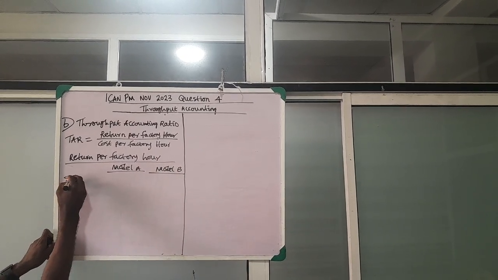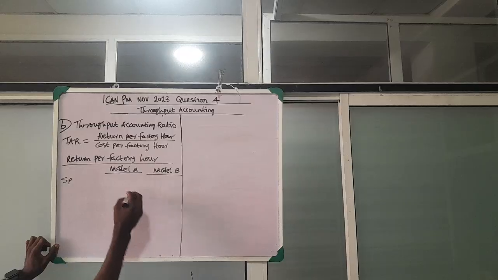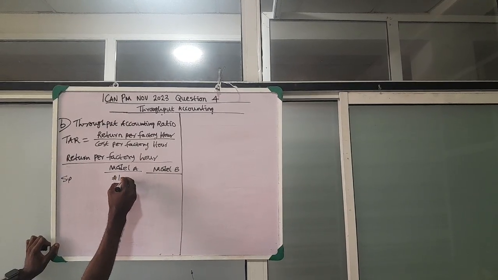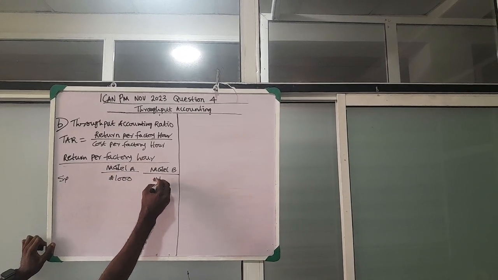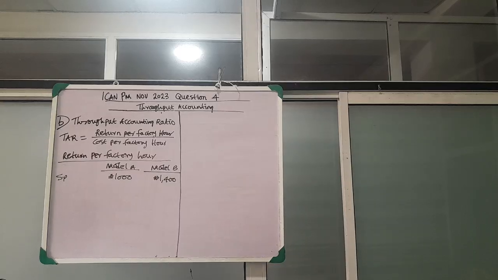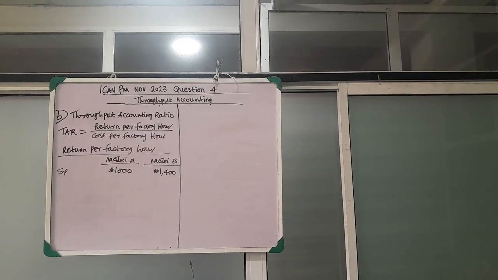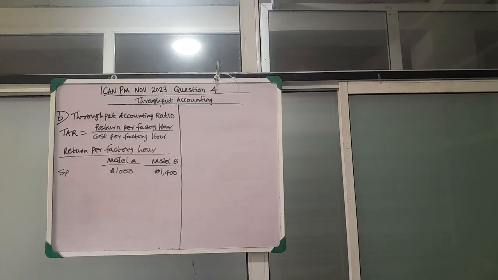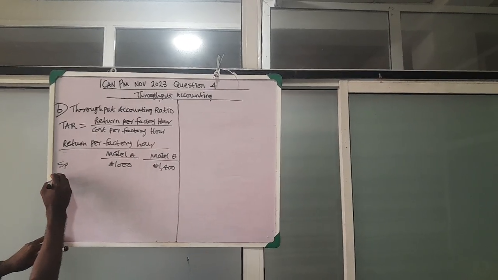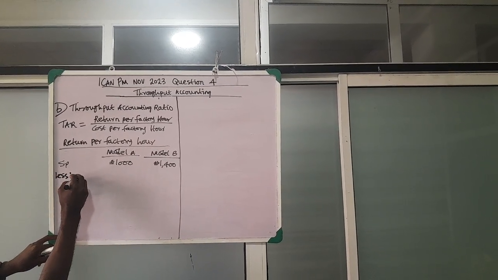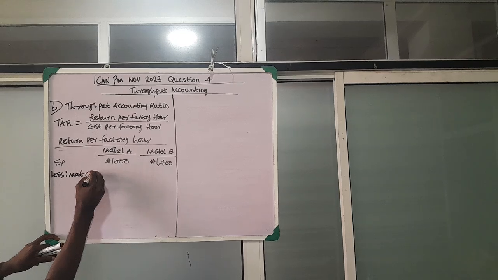We have the selling price, which is given as 1,000 and 1,004 according to our equation, which we have already used. Then less the material costs.